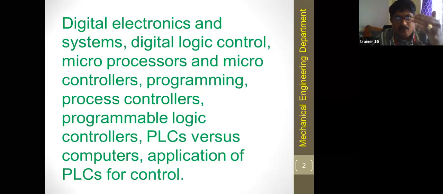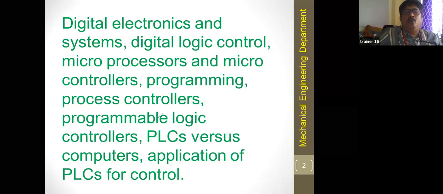Same here also, only 4 topics are there. In my consideration, only 2 topics are major. One is here, see, PLC, right? Programmable logic controller, PLC. This is the PLC, programmable logic controller, right? And microprocessor, microcontrollers. This is the microprocessor, right?